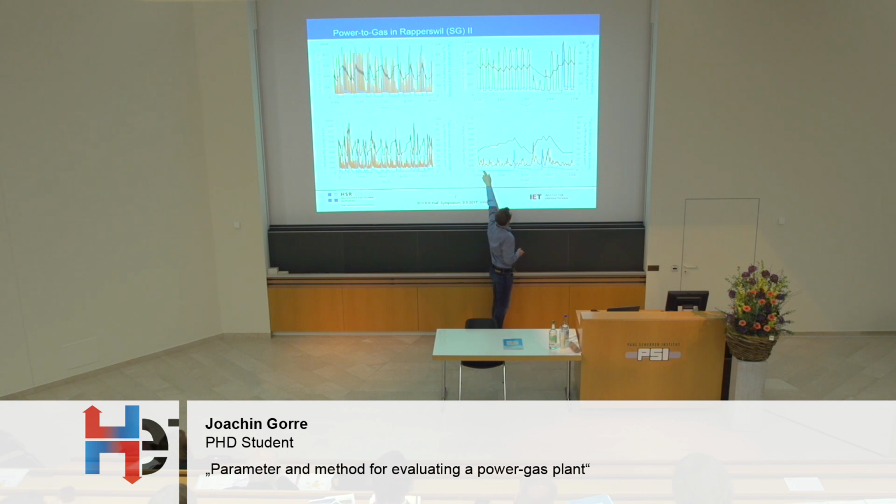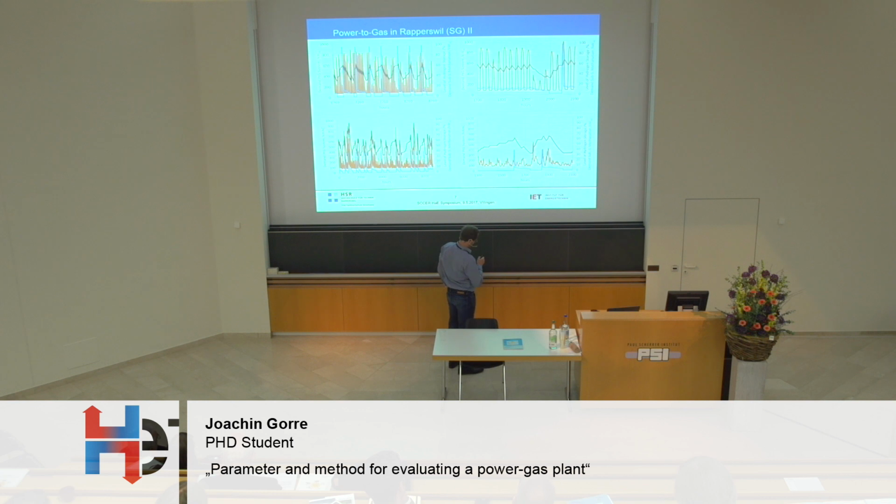Here the methanation unit is off because the black line is the storage of hydrogen, and the hydrogen storage is empty and not enough hydrogen is produced to run the system. So the wind turbine is running with only 200 or 300 kilowatts, and then the hydrogen storage will be filled up here.